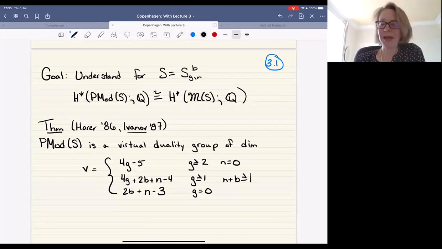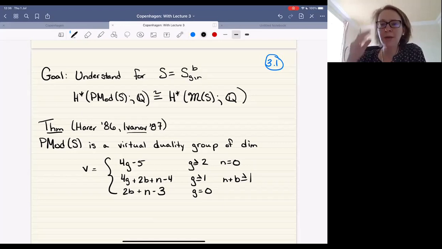Please. Okay. So yeah, I was just reminding us that we know that the mapping class group is a virtual duality group of a dimension that depends on the genus, the number of boundary components, and the number of marked points. This virtual bit is kind of important.